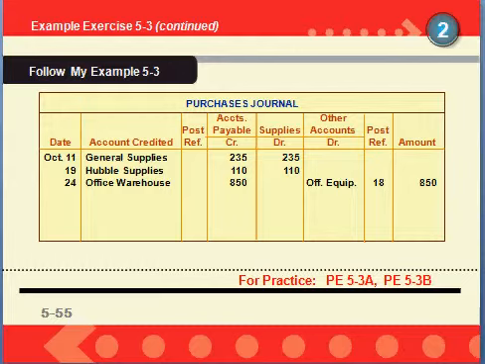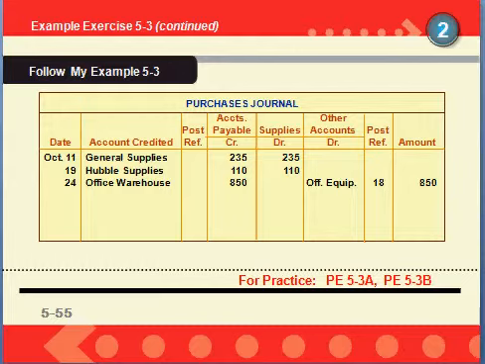Now, anything other than supplies will be in the other accounts column of your purchase journal. And you can see we bought $850 worth of office equipment, and it has the post reference number of 18 out by that, and that's because we post to the office equipment general ledger. Anything in the other accounts column, we post the date it happens and go ahead and put our post reference in.